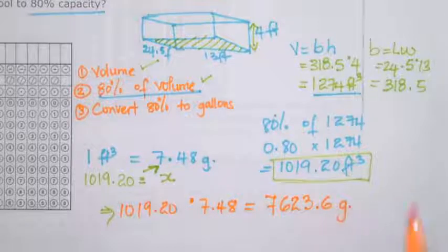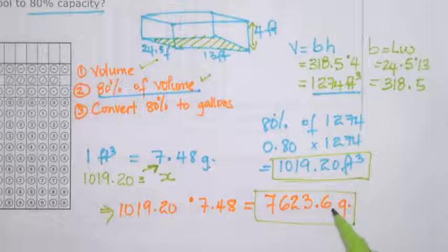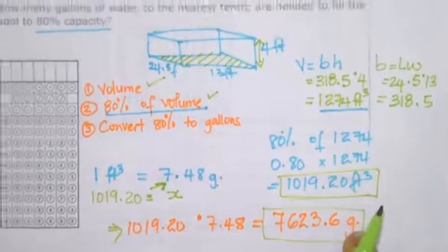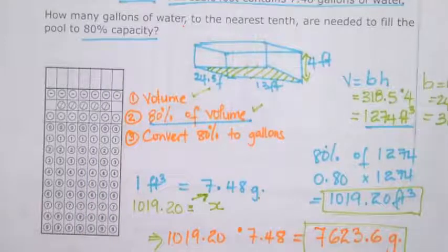So they're actually going to need 7,623 gallons to fill 80% of its capacity, because that's what they asked for up here. And that's how you break that one.